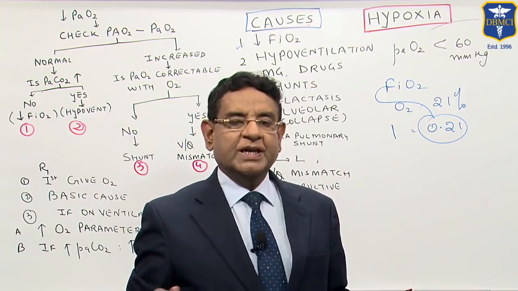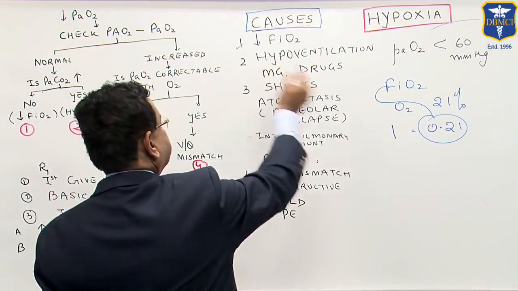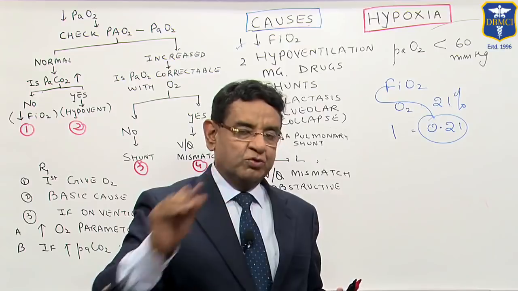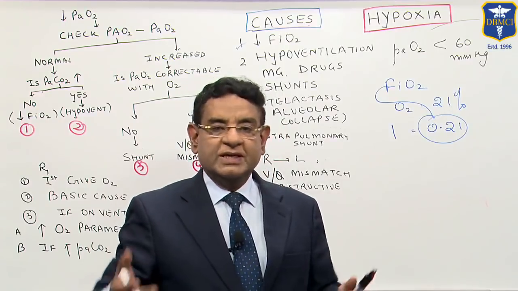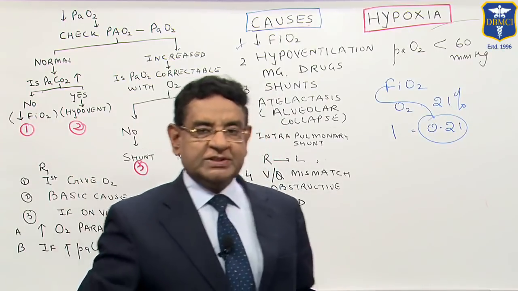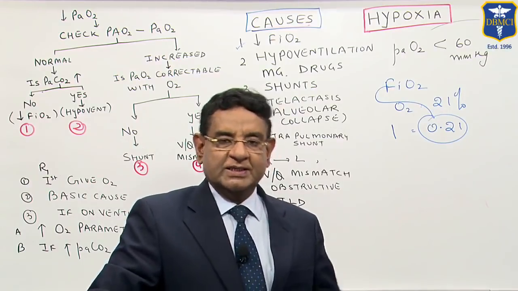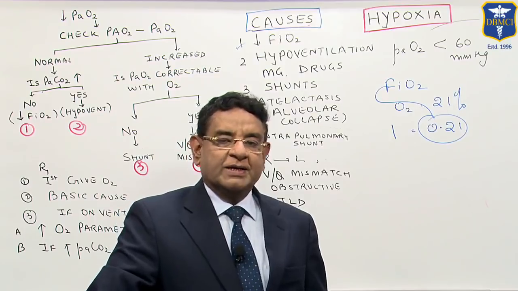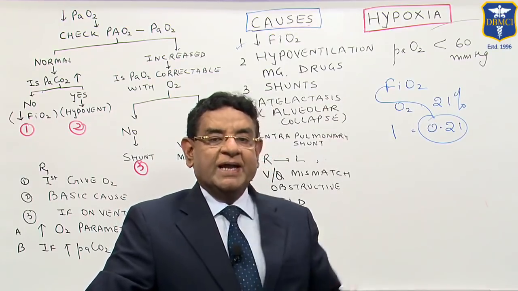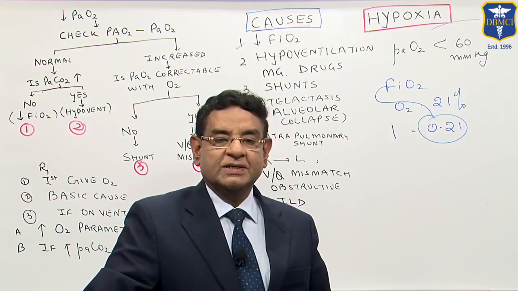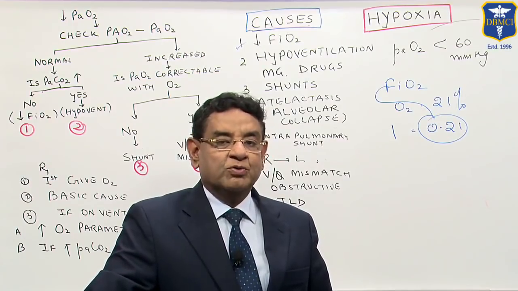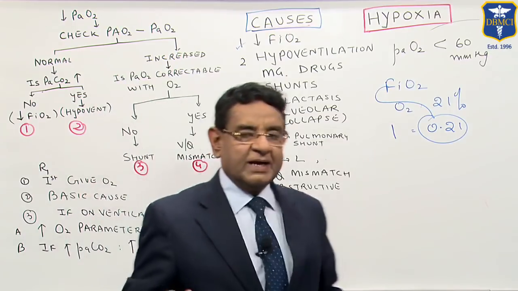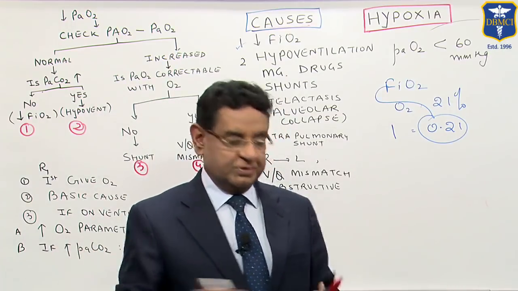Okay. Now anywhere the oxygen is less, the FiO2 will be reduced. Throughout the world, whichever place you are sitting in a normal city, FiO2 is 0.21, but if you go to very high hilly areas, then FiO2 goes down. So reduced FiO2 typically occurs at very high altitudes.